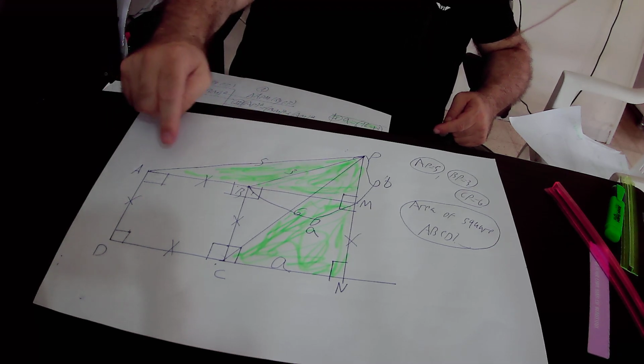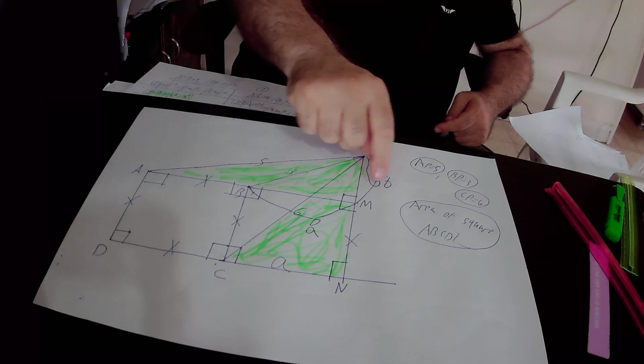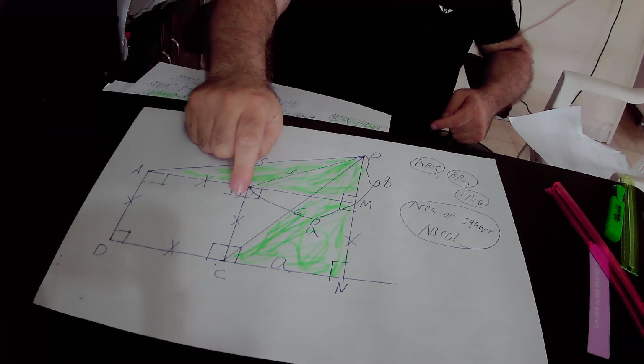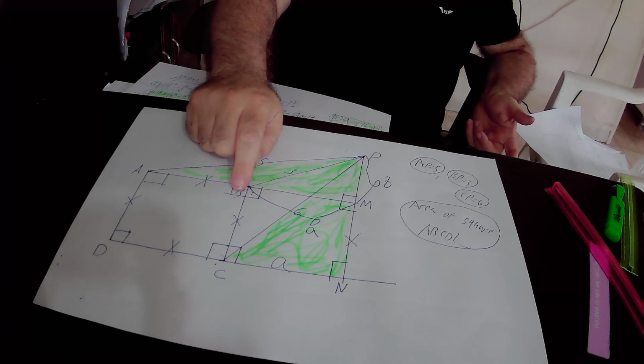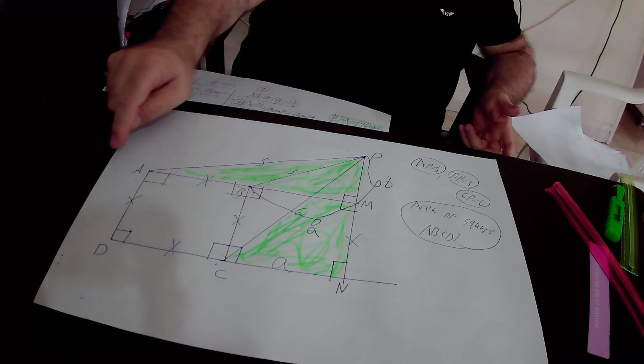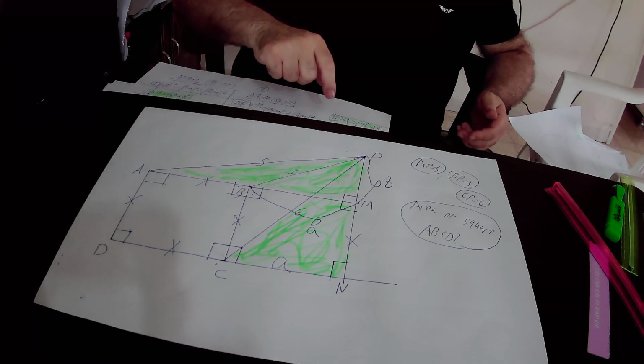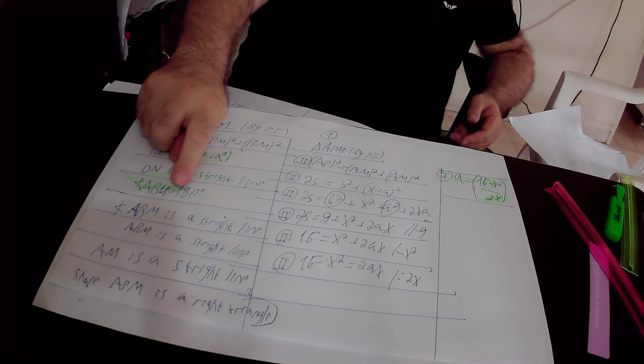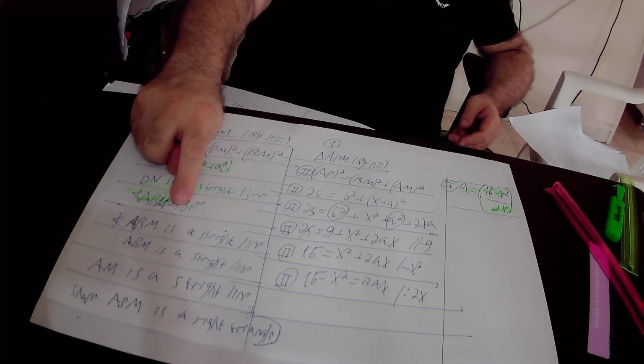If we focus on the lower side of segment line AM, we have this angle that is equal to 90 degrees, and this angle that is also equal to 90 degrees. 90 degrees plus 90 degrees is 180 degrees, so angle ABM equals 180 degrees.